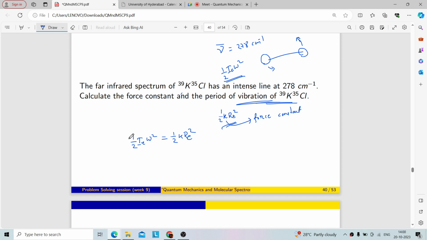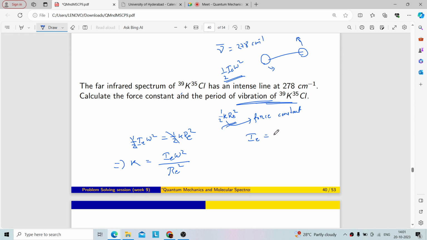Okay, now we can write this equation in terms of k, as k will be I_e omega square over r_e square. Now we know the moment of inertia.